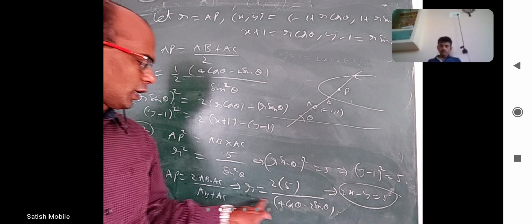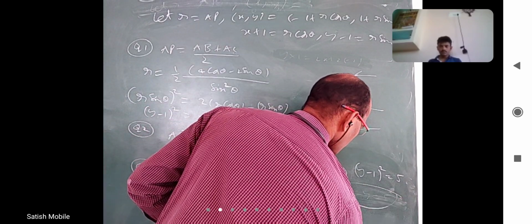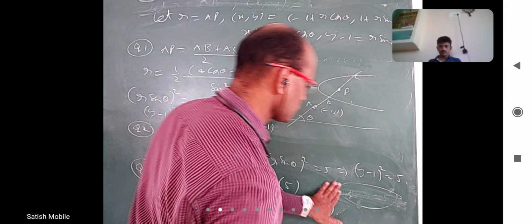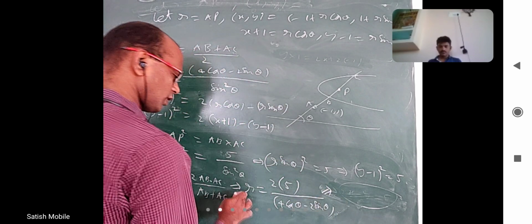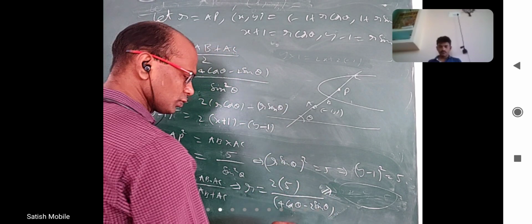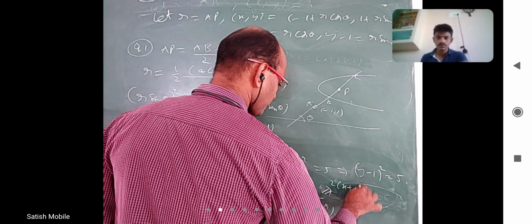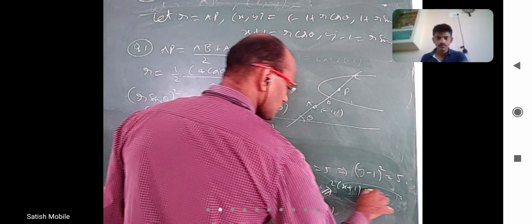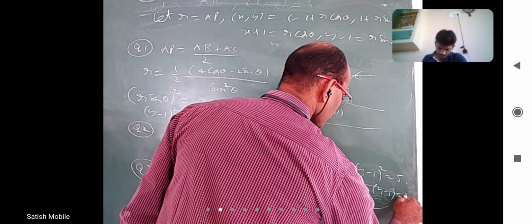Yeah, here I wrote r cos theta is x, that is wrong. r cos theta is not x, r cos theta is x plus 1. So from here I should write, after cancelling 2, 2 times (x plus 1) minus (y minus 1) equal to 5.